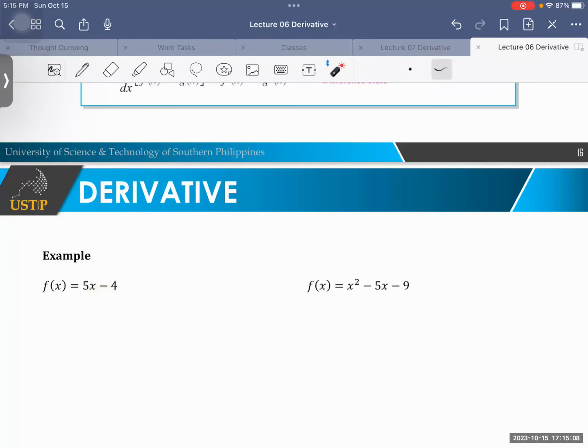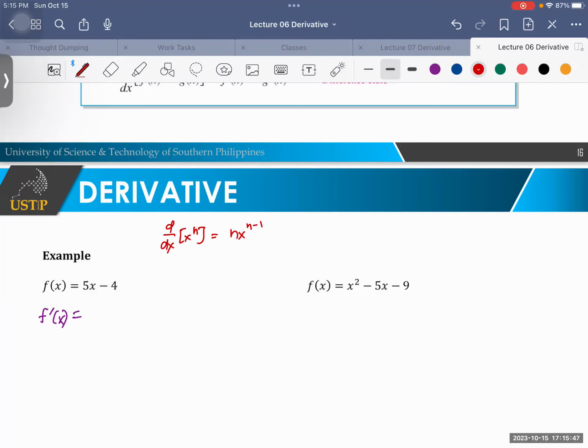Okay, so let's try to solve for f prime of x. Okay, f prime of x, class, is, starting with the 5x, it's very simple. Let's look at the power rule so you can follow.